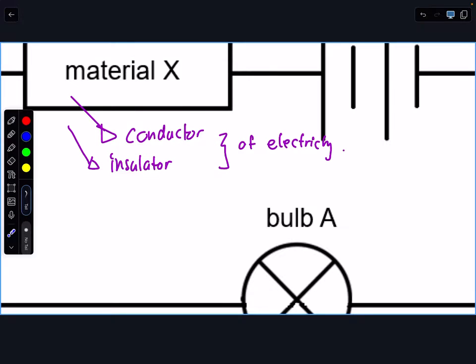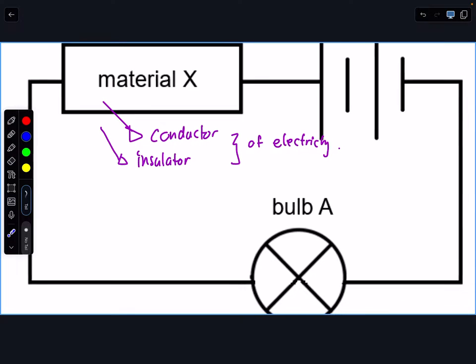So because it is an insulator, it does not allow electric current to flow through it. So it is an open circuit, your CEO. Where is it? Okay, and then after that, the last one, is it magnetic material?